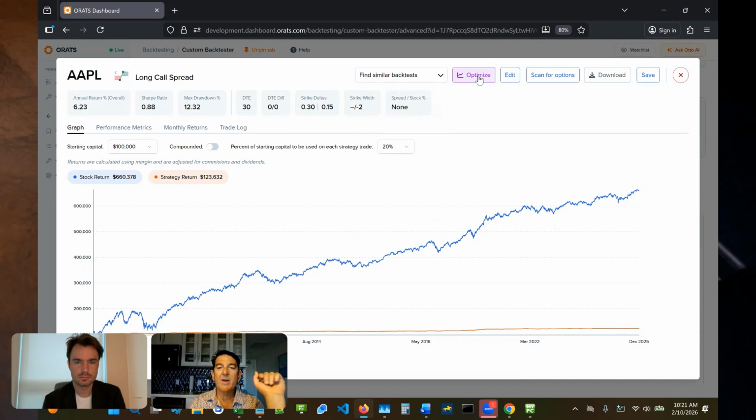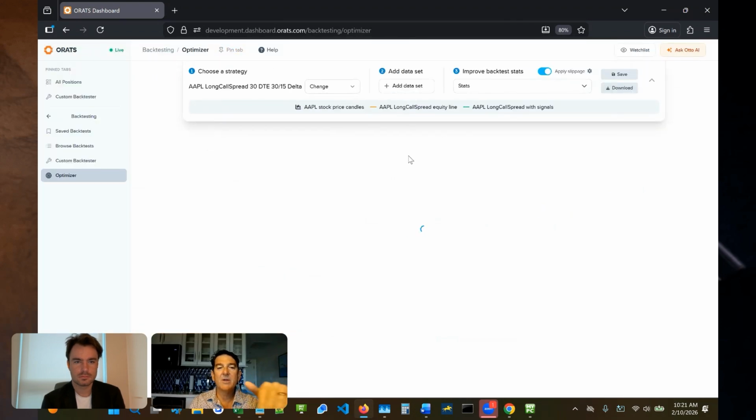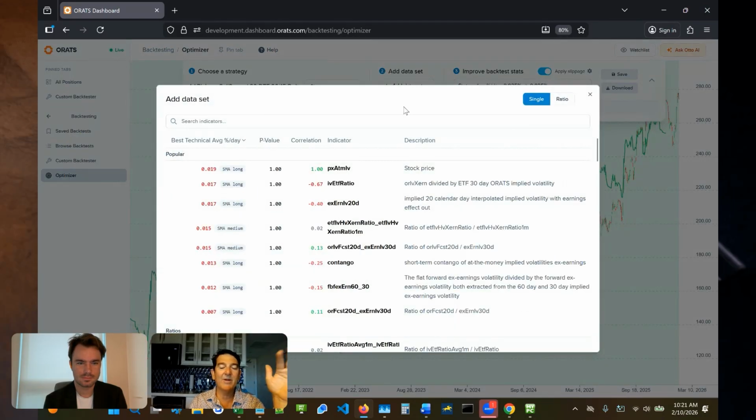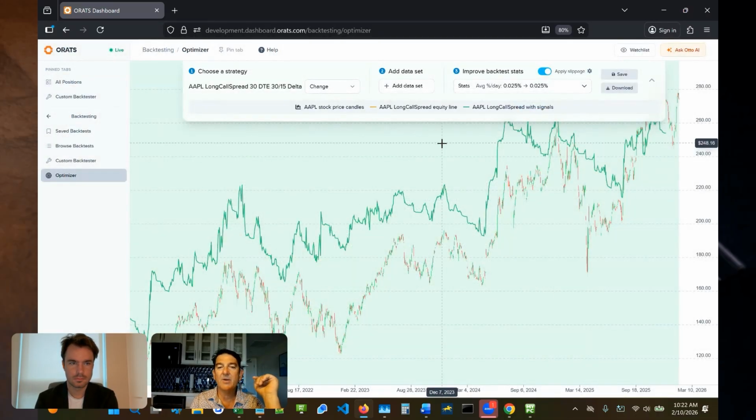There's also a way to optimize to find the best entry and exit strategies. We have had various webinars on this as well. It's a little bit difficult to use in my opinion, but it's such a great tool. Do you want to find an indicator and only get in when the forecast is above the implied volatility? There's a lot of things that you could set here and test.